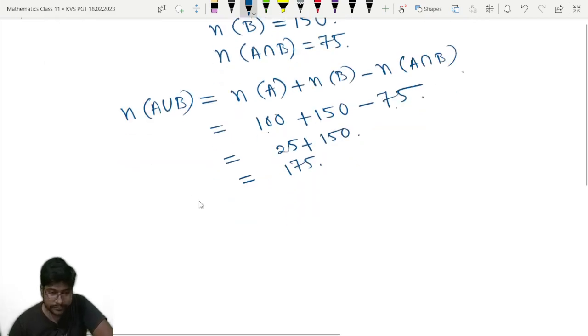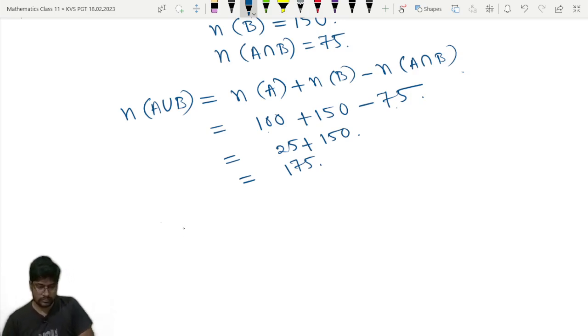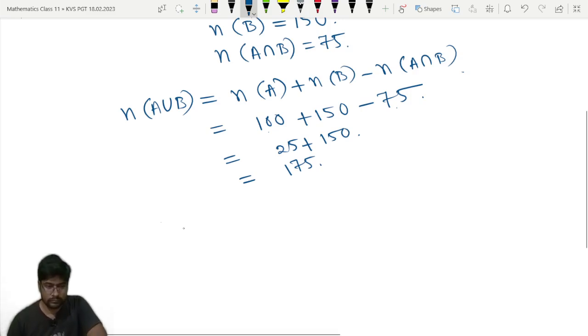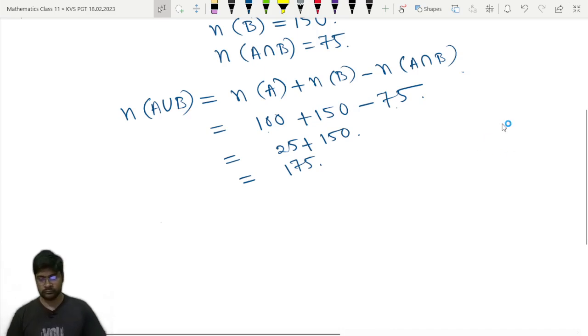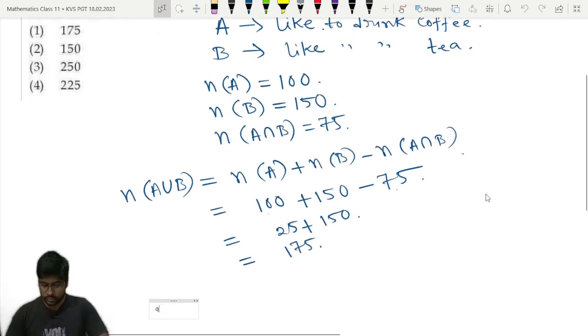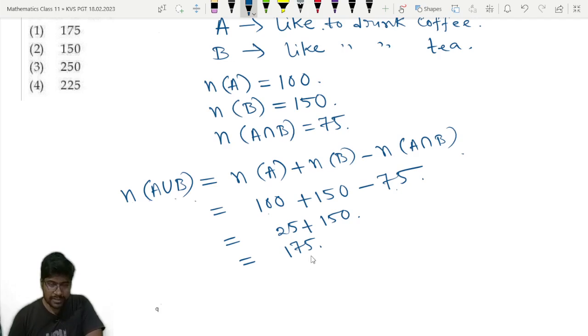Okay, that means we have to find, so this is the number of students who like either coffee or tea or both, 175.